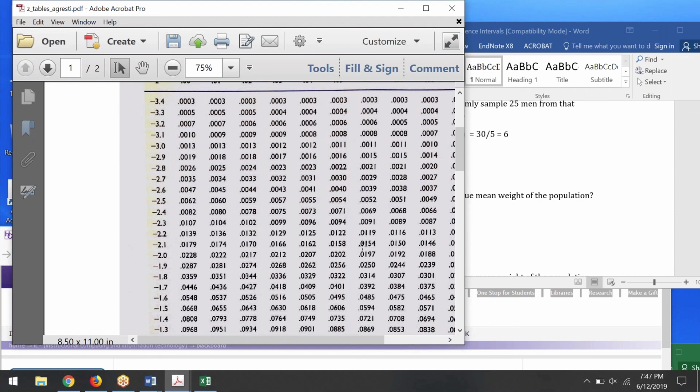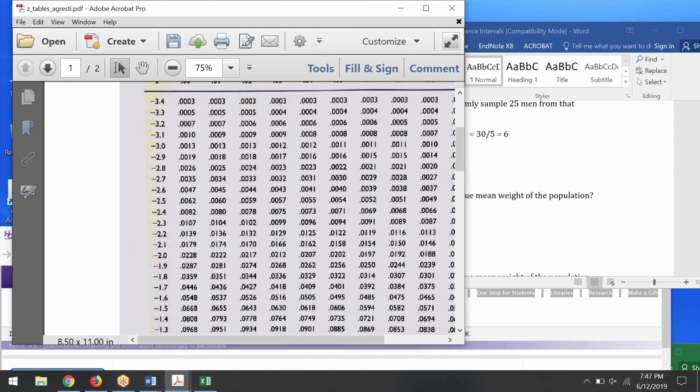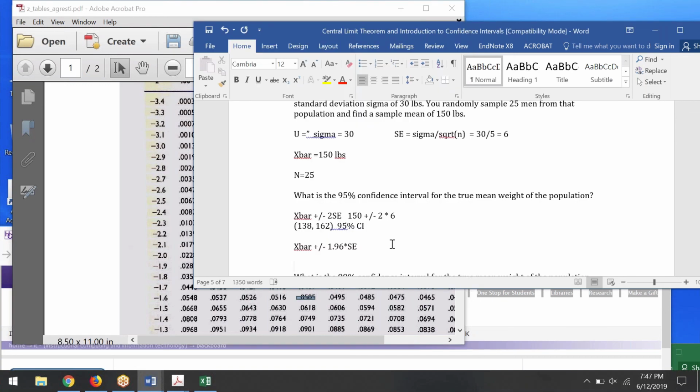So 90% of the outcomes would be between those two numbers, so many standard errors below the mean and so many standard errors above the mean. 5% on each side would be 90%. And that would be a 90% confidence interval. Let's see if I can find 5%. So the closest one to 5% is down here, right? And that is 1.64.